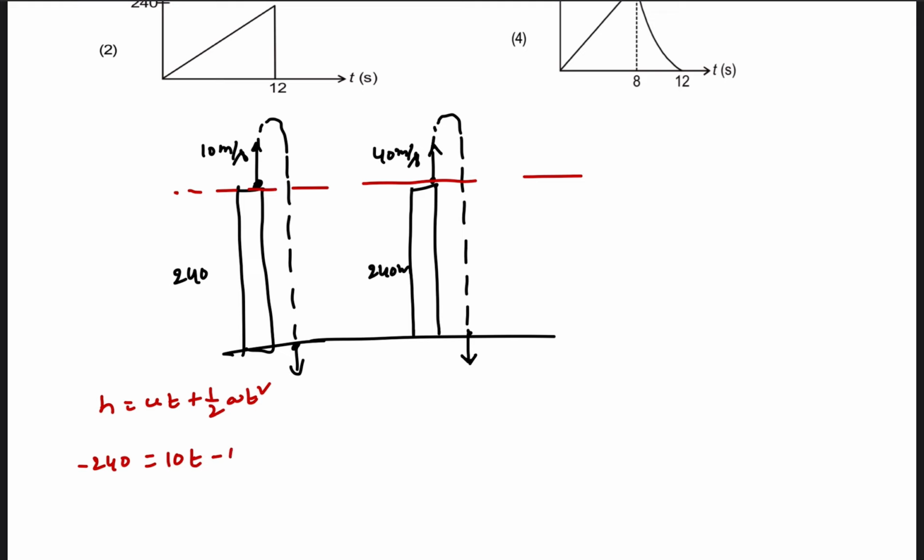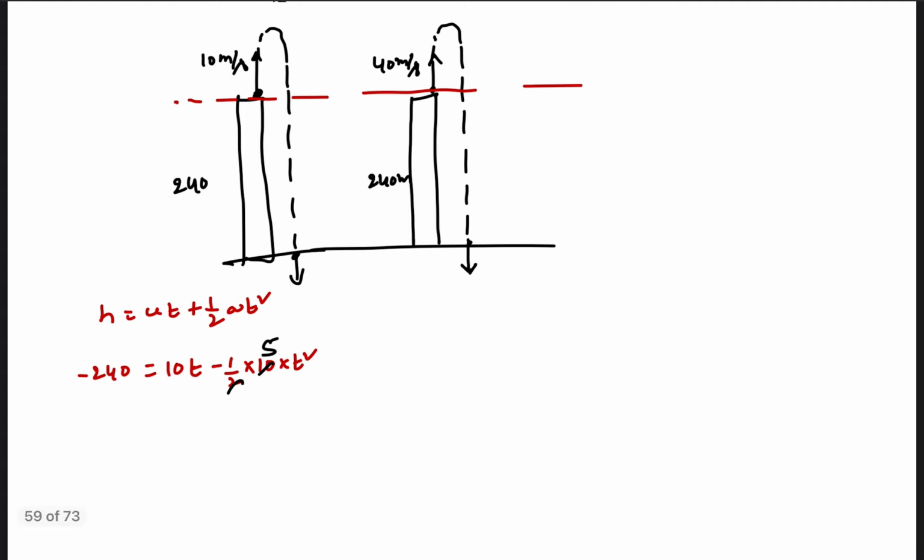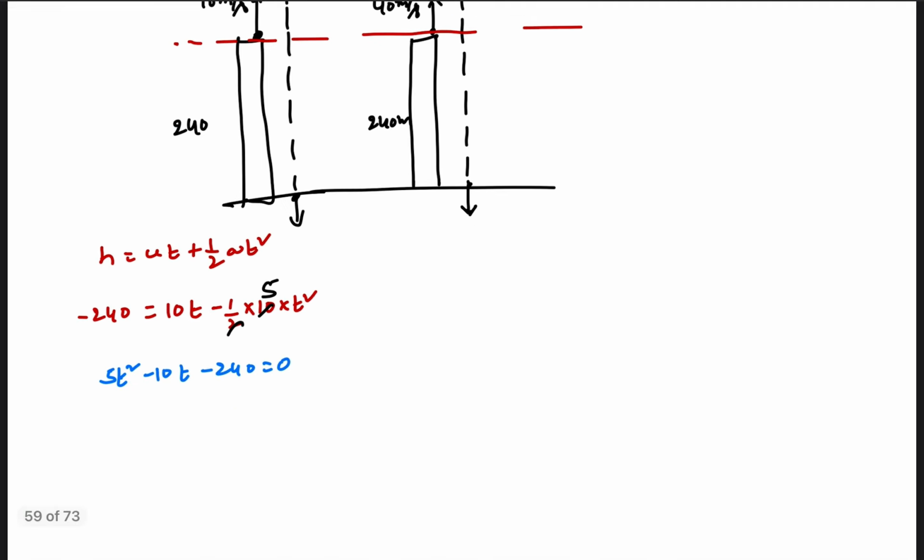h is equal to minus 240, u is equal to 10, so minus 240 is equal to 10t minus half into g, g is equal to 10, into t square. You can see this 5 times gets cancelled. So finally I can write it as 5t square minus 10t minus 240 is equal to 0.